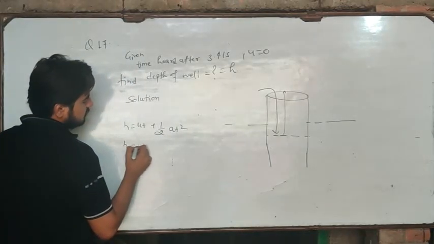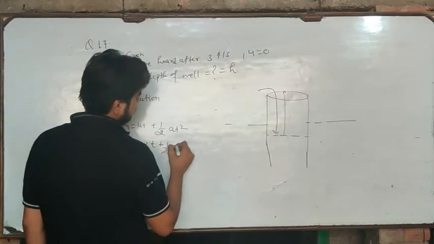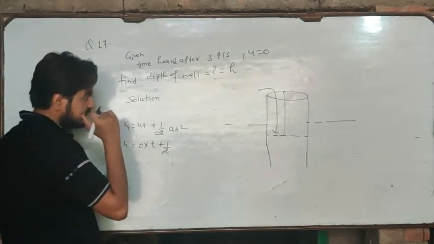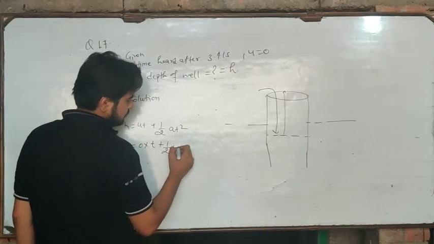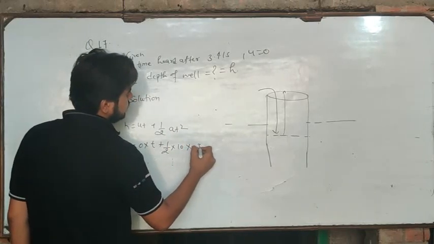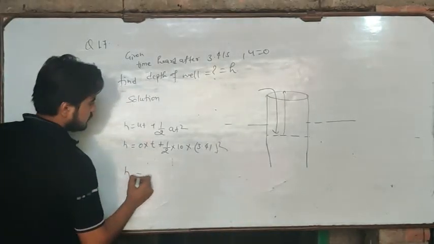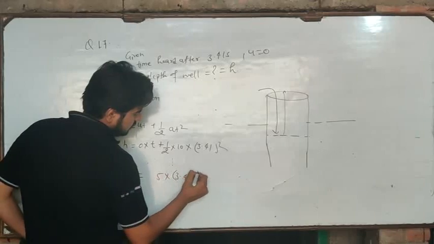So h is equal to 0 times t plus half a, where a is equal to g. Taking g as 10, h is equal to 5 into t square, 3.41 square.